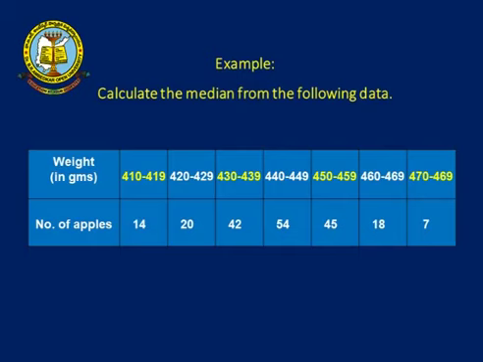This type of data is converted into exclusive continuous frequencies. That process is just subtracting 0.5 from the lower limit and adding 0.5 to the upper limit.